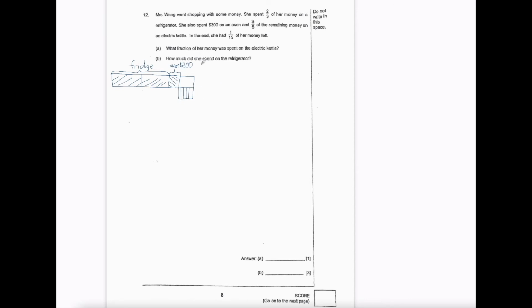Okay, and then she spent 3/5 of it on an electric kettle. So in the end she had 1/15 left, so this is just 1/15.